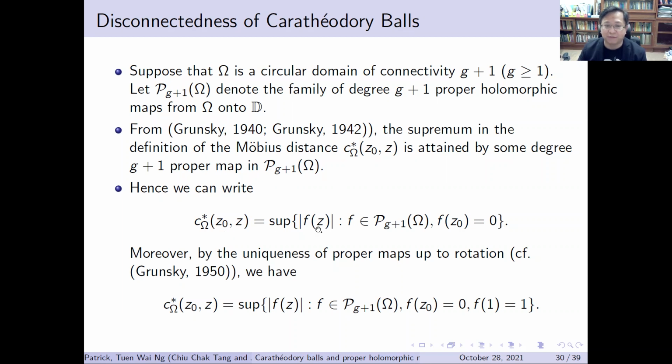Again we have this kind of supremum, but this time you only need to consider proper maps of degree g plus 1 instead of any holomorphic map. Furthermore, we can also restrict ourselves to those maps which send 1 to 1, according to the uniqueness property of this kind of proper map.